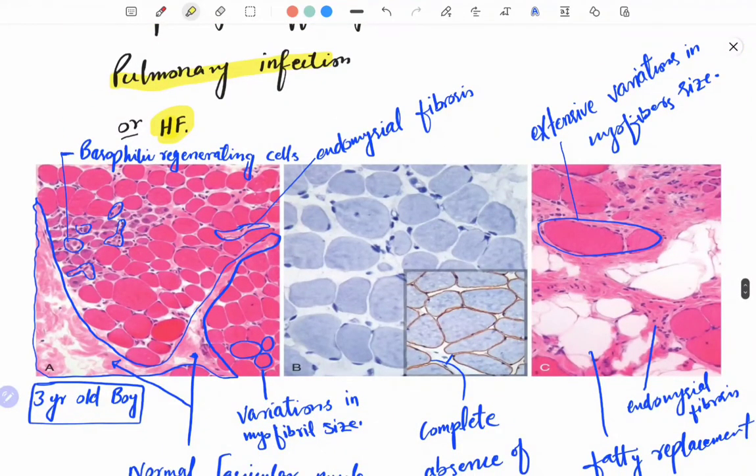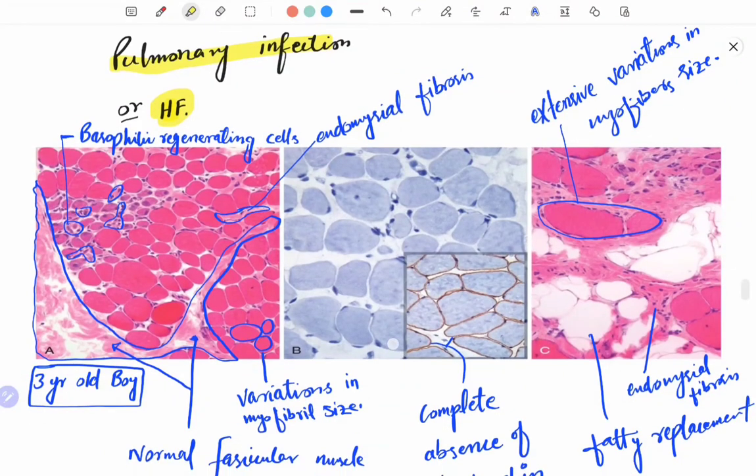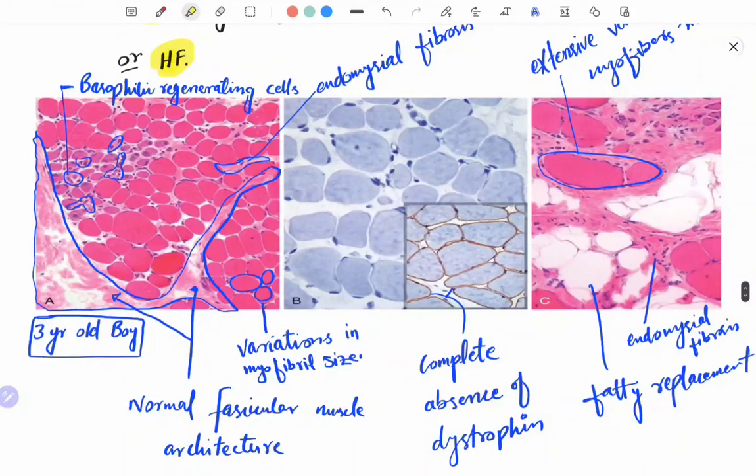Let's talk about the histopathology of this disease at the successive stages, and you can see these are the two brothers, A and B. All this picture is of the two brothers.